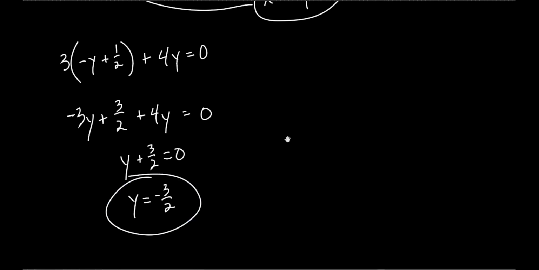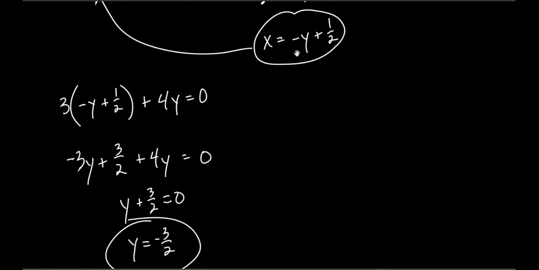So that's what y is, but we've got to find what x is. We didn't really find x, did we? So we've got to plug that back in. We're going to plug this y in for this y and solve for x. So x equals, watch, negative y. So it's negative 3 over 2.